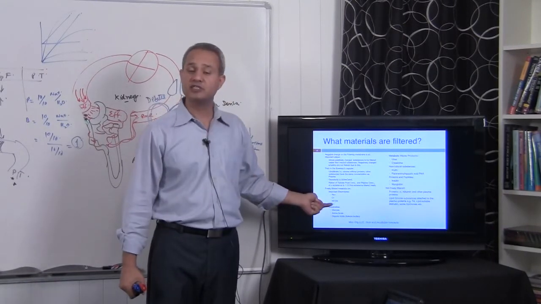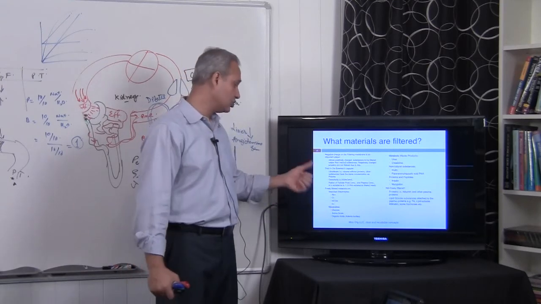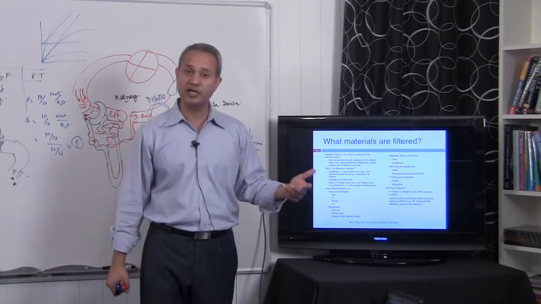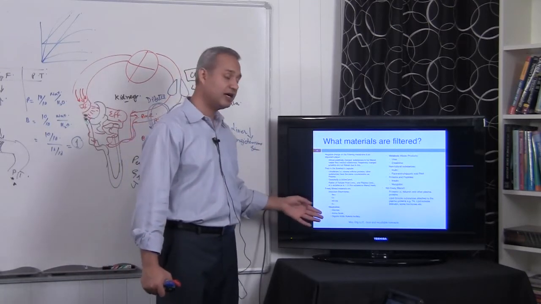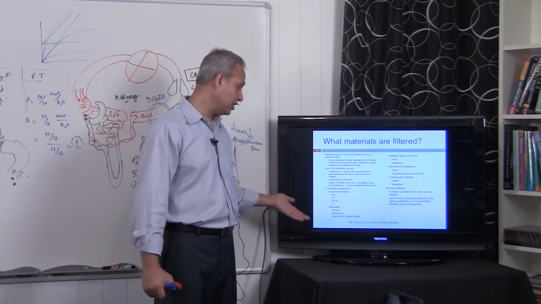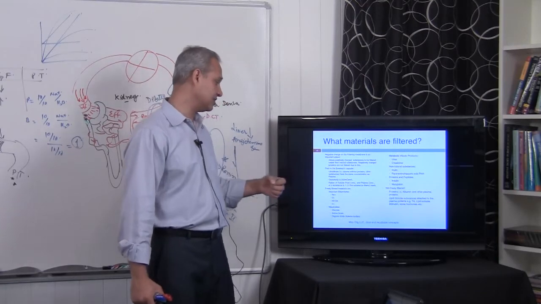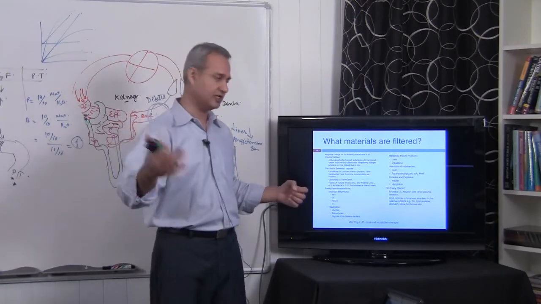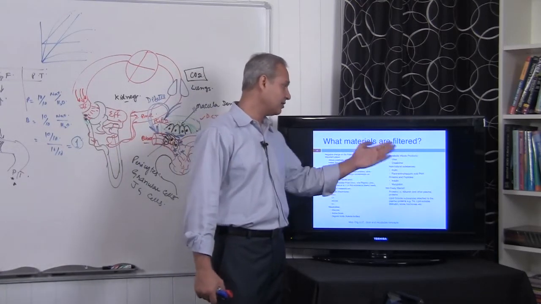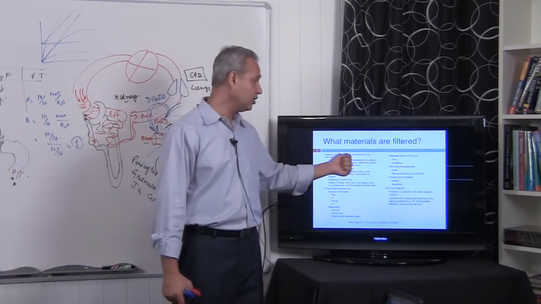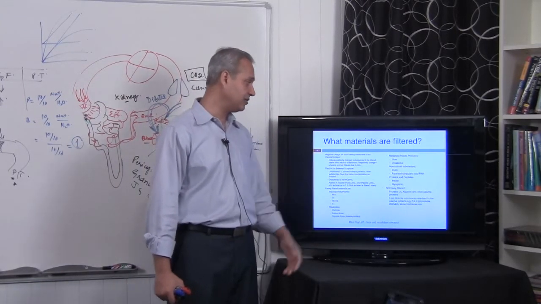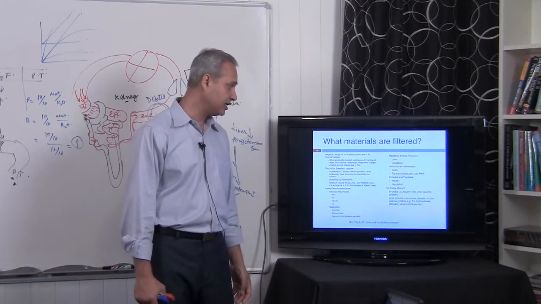What are the substances which are freely filtered? Sodium, chloride, bicarbonate, potassium, these are freely filtered, no issues. Metabolites: glucose, amino acids, organic acids, for example ketone bodies, especially in case of diabetic patients. Metabolic waste products, urea and creatinine. Non-natural substances, inulin, para-aminohippuric acid.